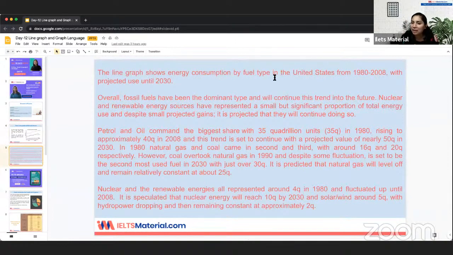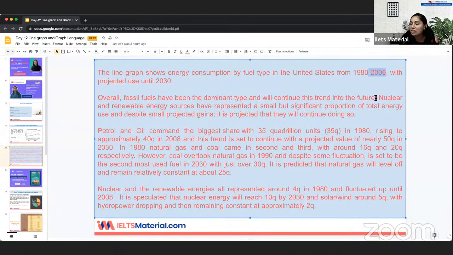By fuel type in the United States from 1980 to 2008 with projected use until 2030. Why till 2008? Because they took the report in 2008 with a prediction till 2030. You can definitely go with this idea.